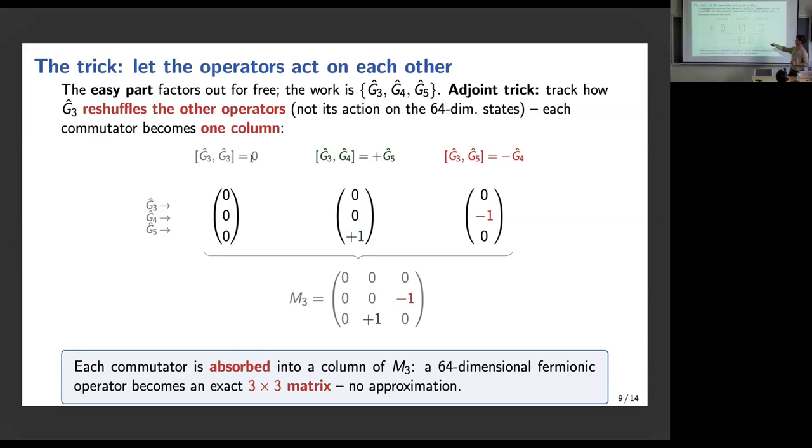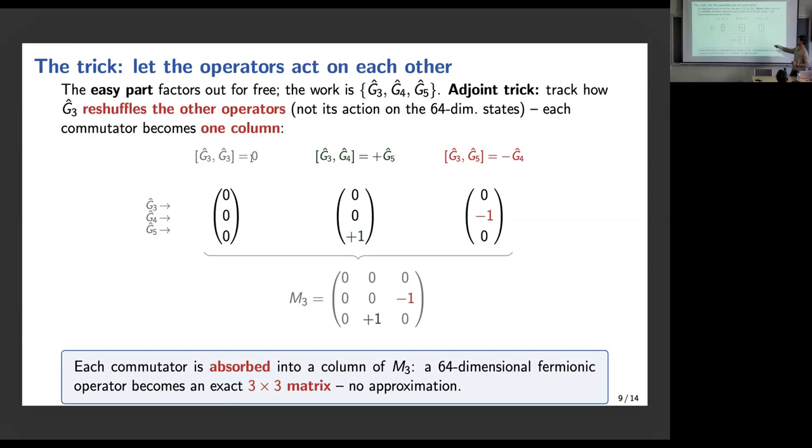So the coefficients of G3, G4, and G5 on the right-hand side are 0, 0, and 0. The commutation of G3 and G4 gives you G5, so the coefficients of G3, G4, G5 on the right-hand side are going to be 0, 0, plus 1. And similarly, for the last case, it's going to be 0, -1, 0.